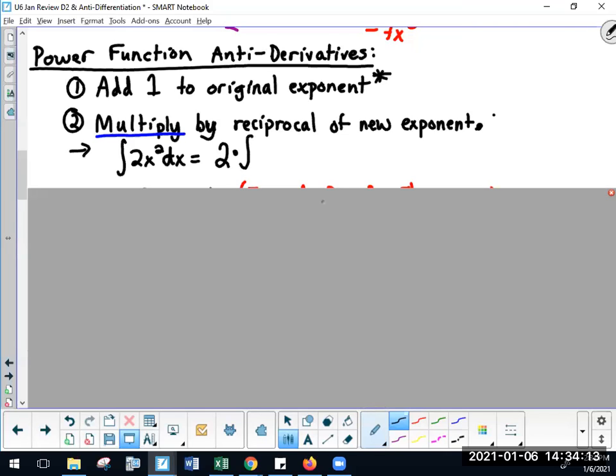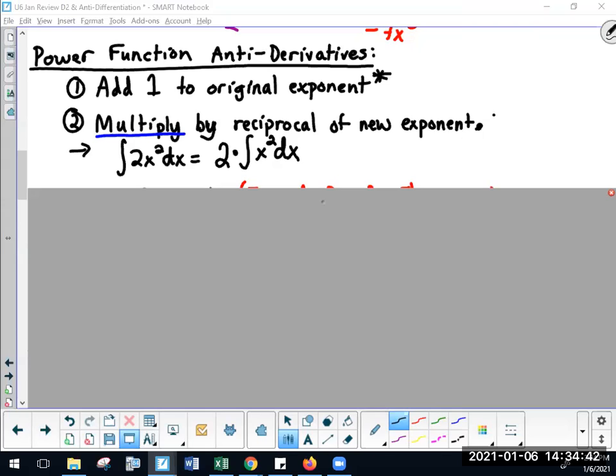That is one of those properties of integrals we looked at. And what we're considering is the antiderivative of just x squared. We notice that x squared is a power function, and as it is a power function, we should employ the power function technique on x squared.